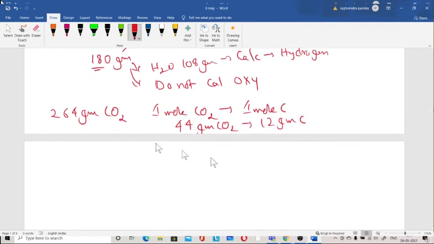So how much carbon is in this 264 gram of CO2? That you can calculate because you know.